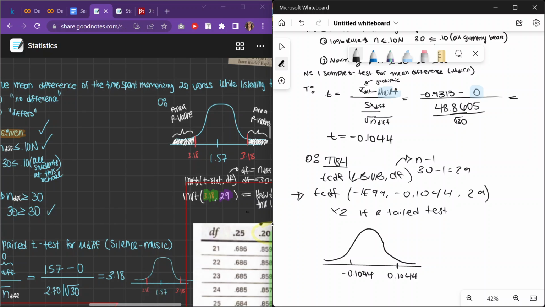Because at this point, you're trying to find this area here. Oh, right, because hold on. So the test statistic is this value. So we're trying to find the area. What we just found was this area here by doing this.